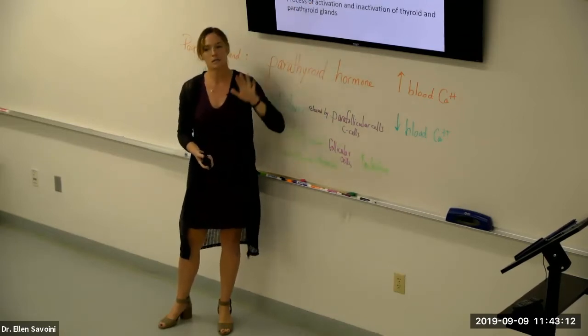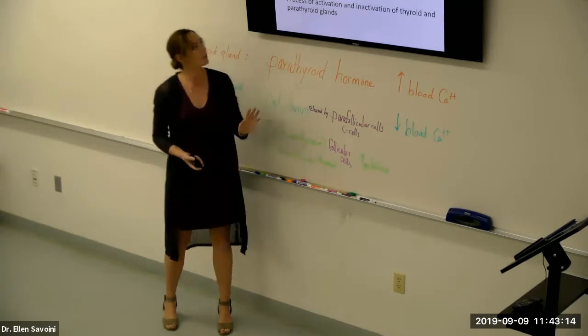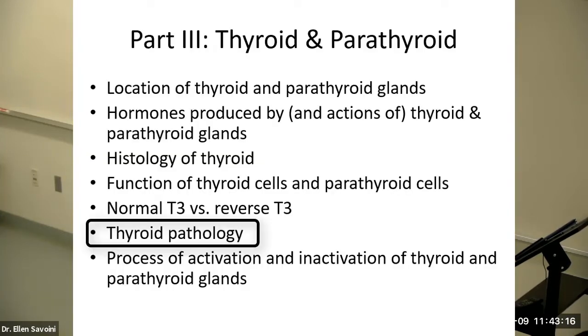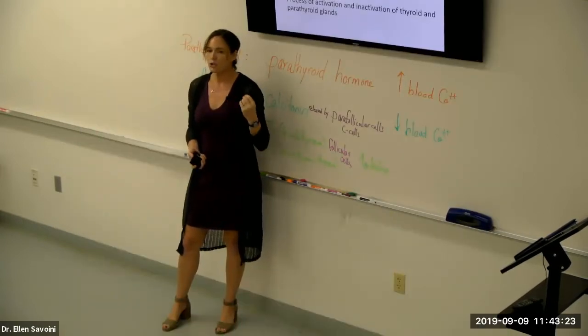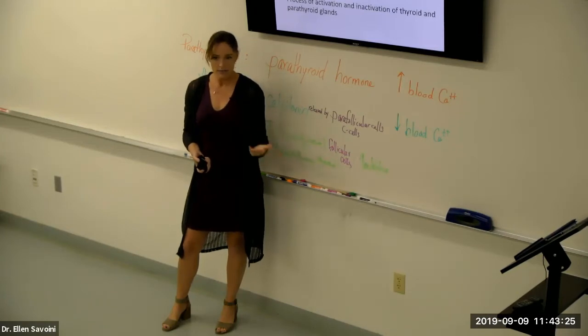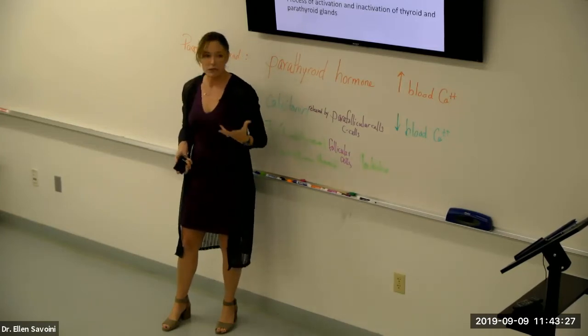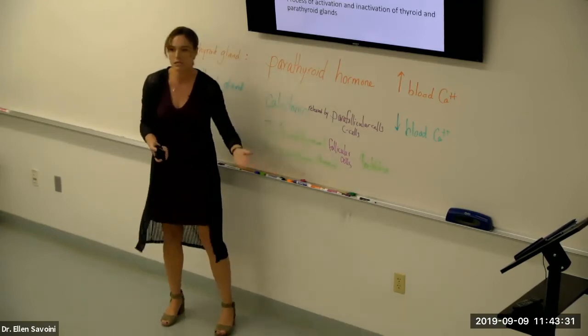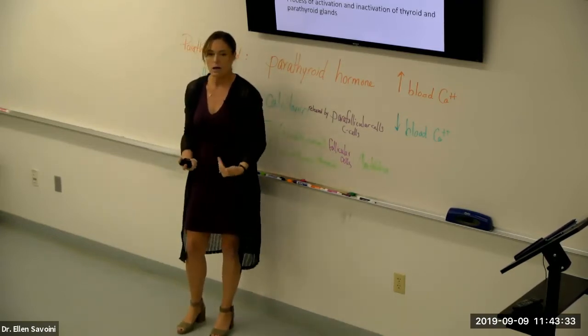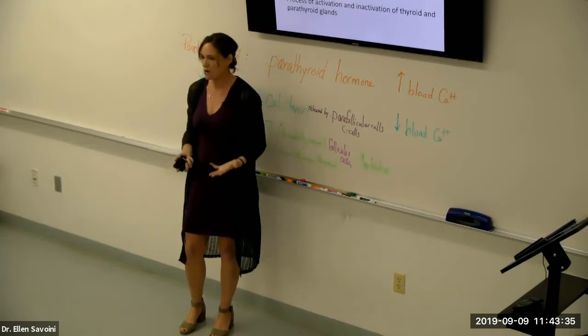Reverse T3 decreases metabolism. Thyroid pathology, what I have here is kind of meant for you to think about the goiter. We can have goiters due to hyperthyroidism. The thyroid gland just got really, really big because it's asked to keep producing a whole lot of T3 and T4. So the body will have this hyperthyroid symptomology.